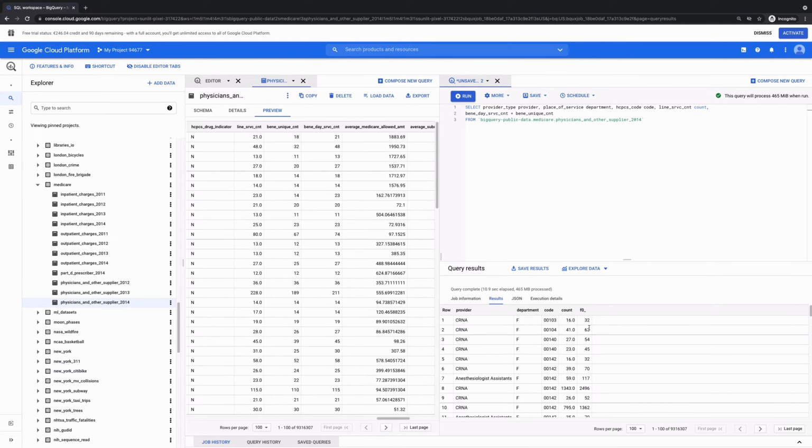When we run, we can see that it already provides the addition as a field named F0_.